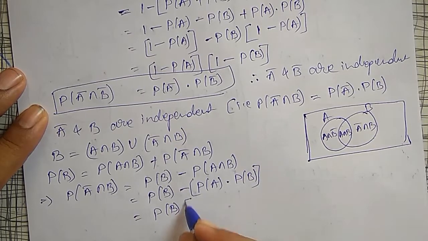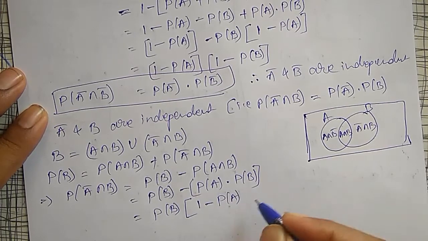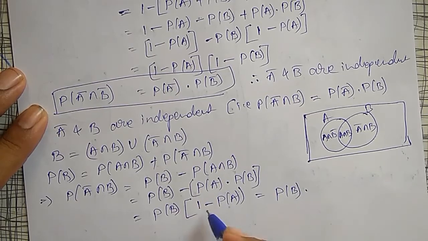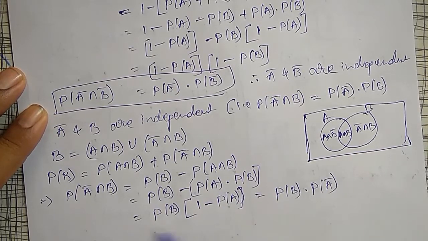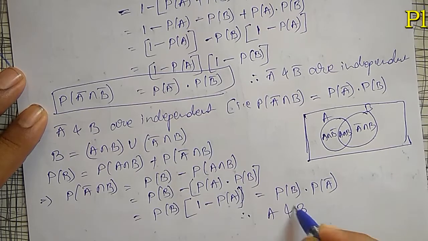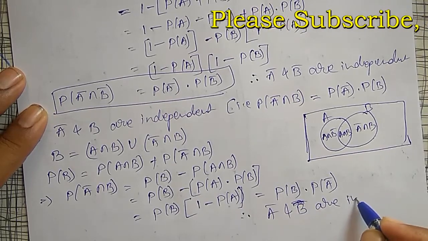Probability of B, if I take common, this will remain 1, and here probability of A. I can write it as probability of B into 1 minus probability of A, which is nothing but probability of A bar. Therefore, probability of A bar intersection B equals probability of A bar into probability of B. Therefore, A bar and B are independent.